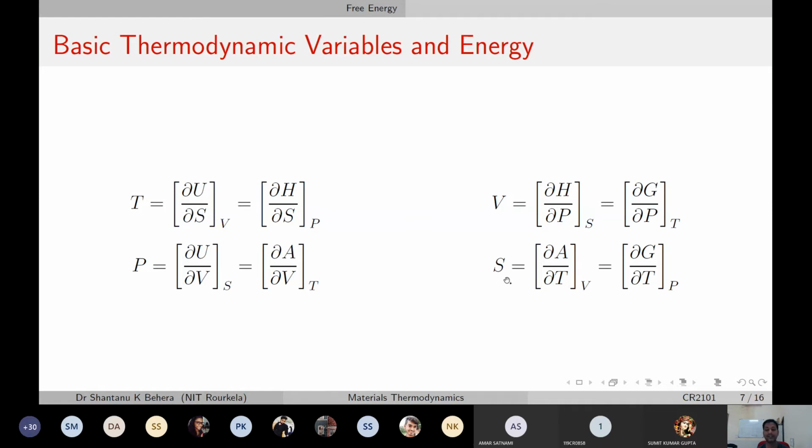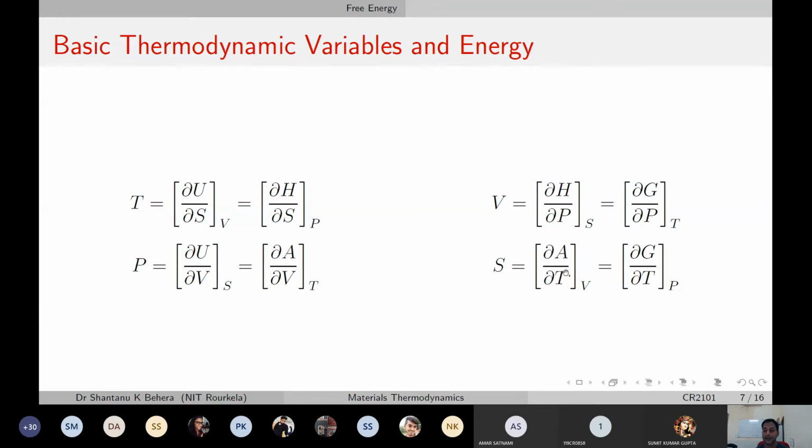Likewise, you could see the relationship of S and T. So the corresponding part here is S is equal to the change in Helmholtz free energy with the change in temperature at constant volume.